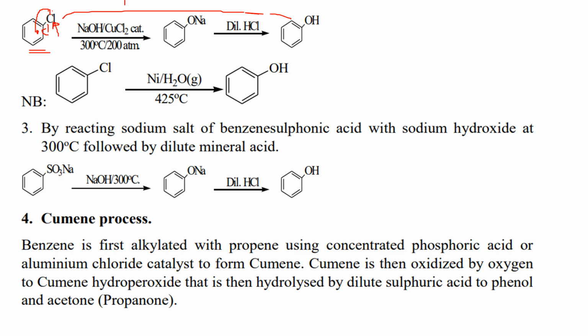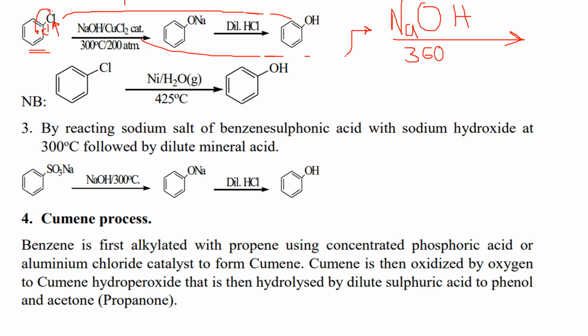Now we're saying that the simplest way to do that, notice that here, the alternative reagent for this one, let's try to shorten it. So it's going to be sodium hydroxide, and the conditions here, we are going to be having 360 degrees Celsius, and the pressure that we are going to be using this time is going to be 150 atmospheres.